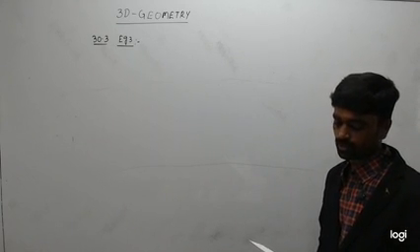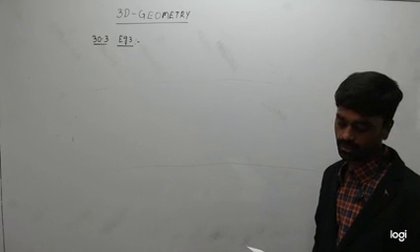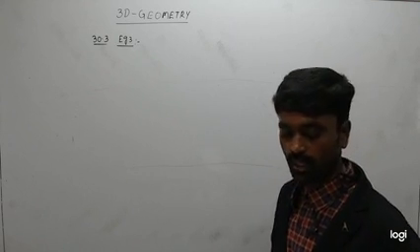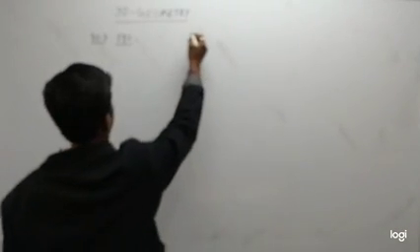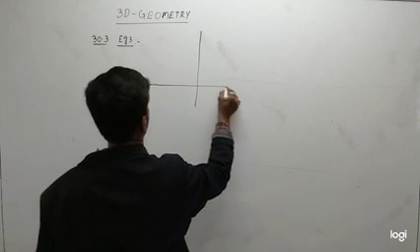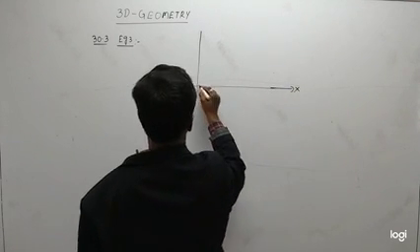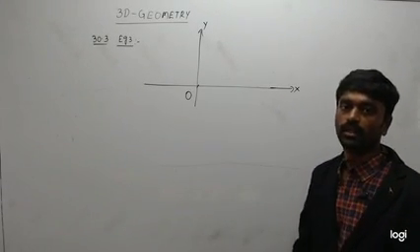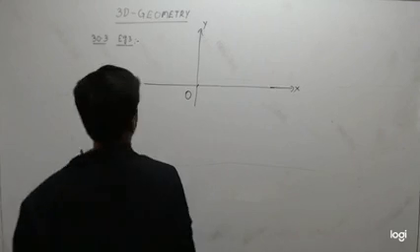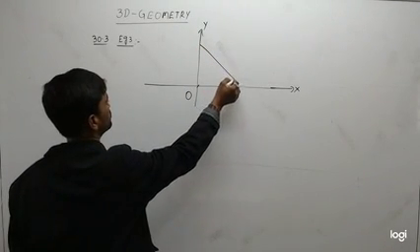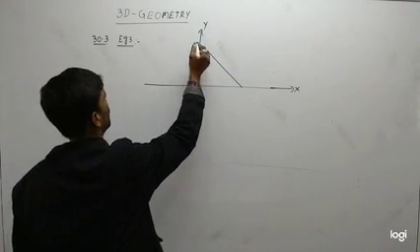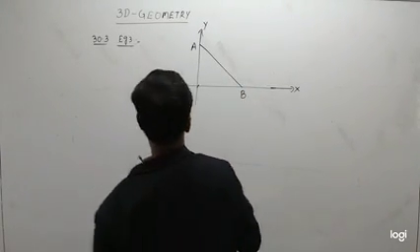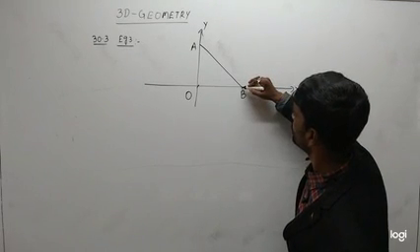Find the locus of the foot of the perpendicular dropped from the point E on the diagonal AC, where E is the midpoint of the side AD. Draw the coordinate axes, X and Y. According to the question, the side AB slides on the X-axis and Y-axis. Suppose A lies on the Y-axis and B lies on the X-axis. Okay, so complete the square.